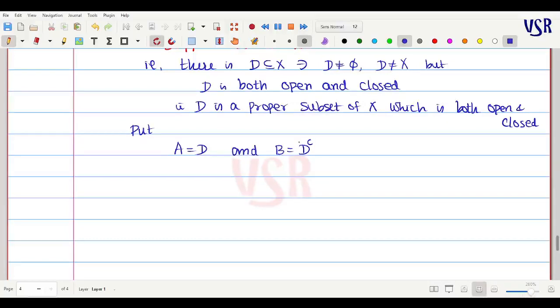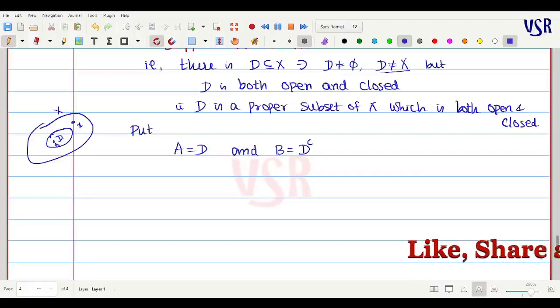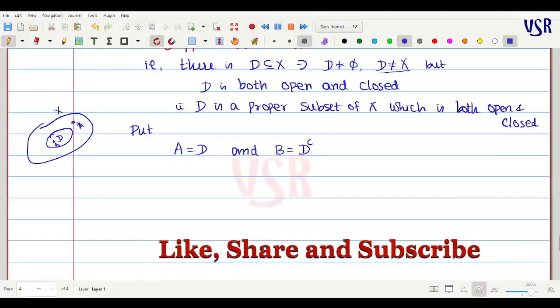Then D is a non-empty set, so A is non-empty.